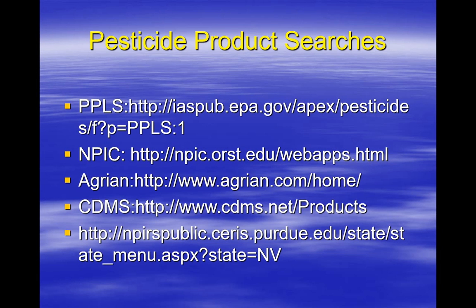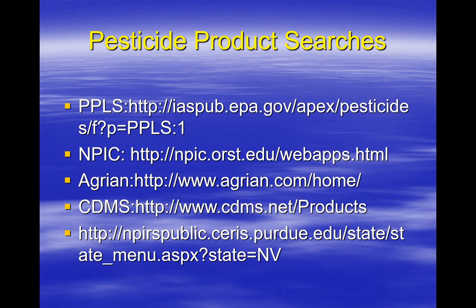The second link is to the National Pesticide Information Center. Not only can you find links to label information, but you can also find fact sheets on most of the pesticide active ingredients. Toxicologists are also available and on call to answer questions about pesticide risk.